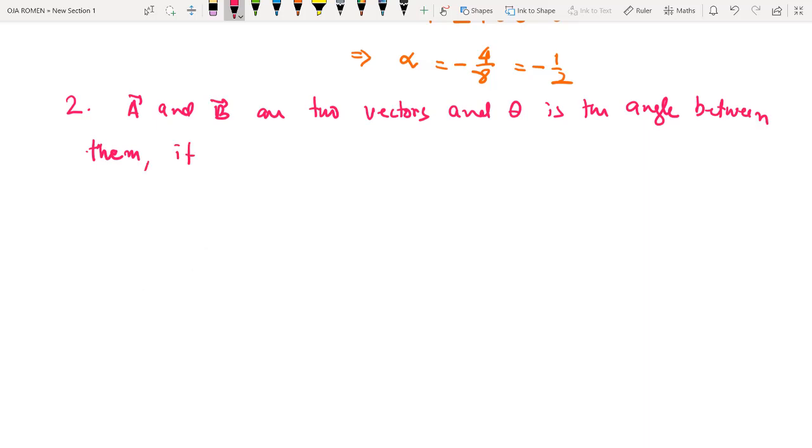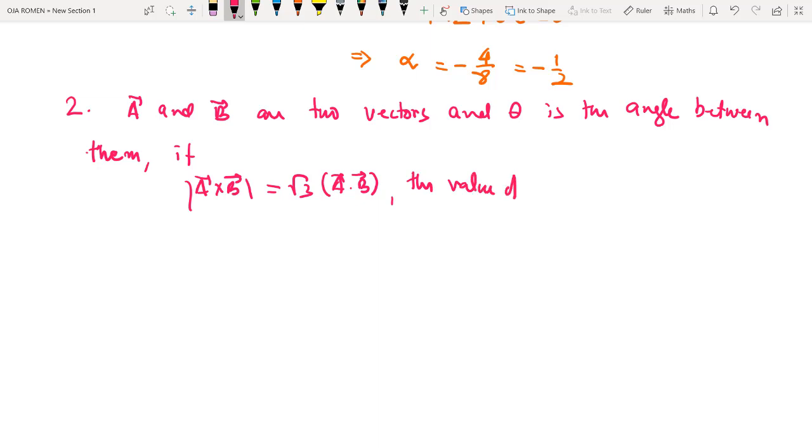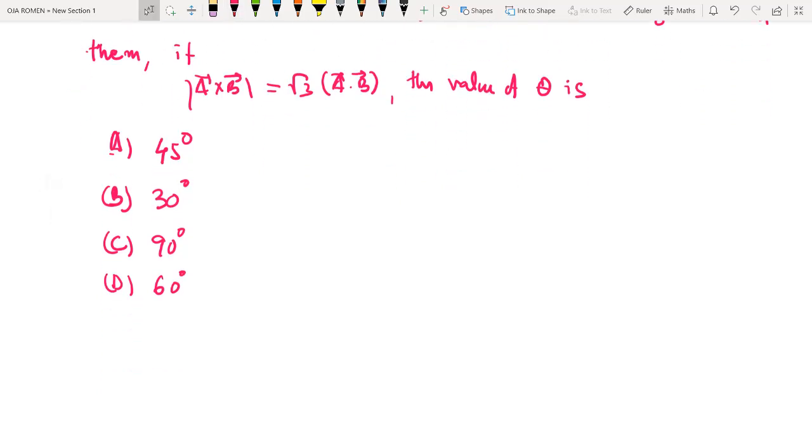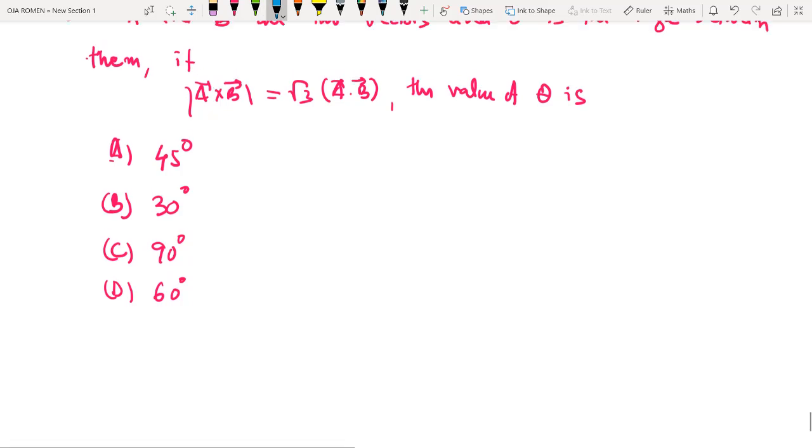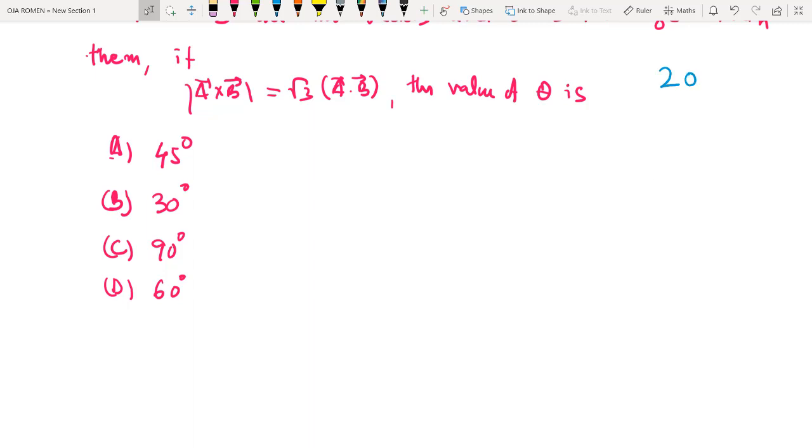If magnitude of A cross B is root 3 times A dot B, the value of theta is: 45 degree, 30 degree, 90 degree, 60 degree. So this was asked in 2007 NEET.